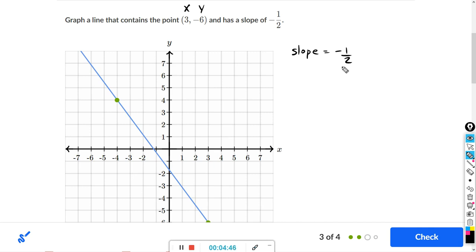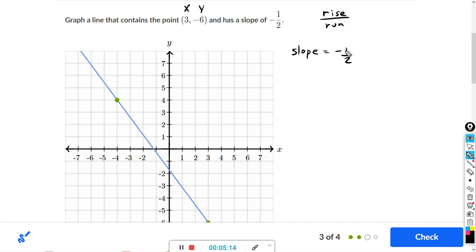Okay, so if the slope is a negative fraction, you can actually put the negative in the numerator or the denominator. It doesn't matter, okay, because it's the same thing, as I'll show you. All right, remember slope is rise over run. So the numerator is the up-down part, and the denominator is the left-right part.